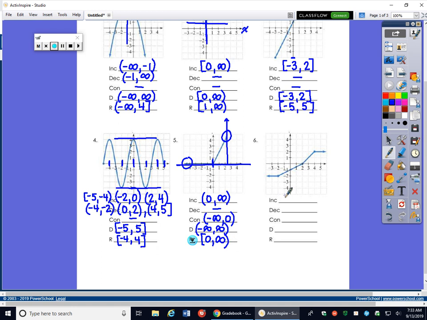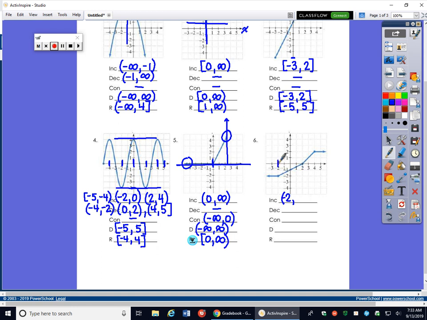It increases at 2, that's a change of direction, so we're going to use a parenthesis. And it stops increasing, I'm sorry, that was -2. And it stops increasing at +2, again a change of direction, so oh, just kidding, it is still increasing. So we're going to undo that.